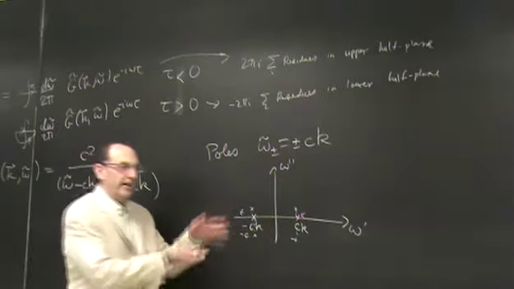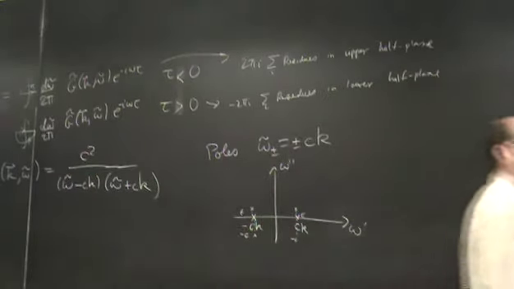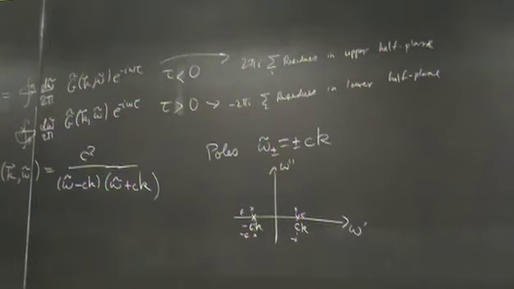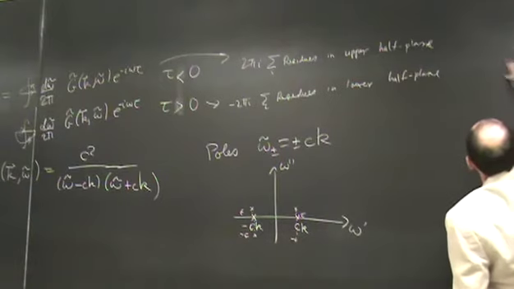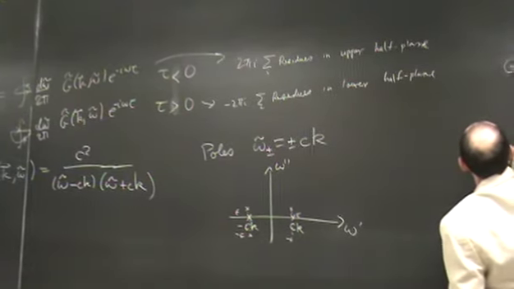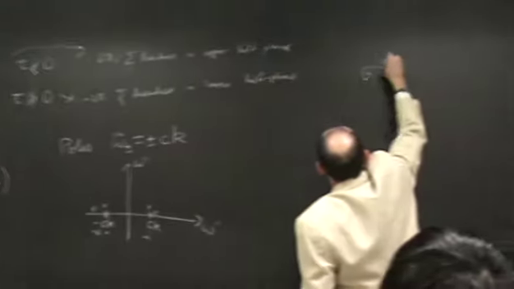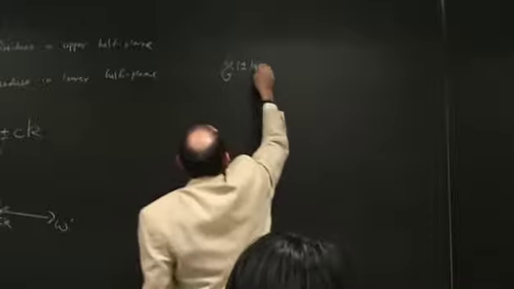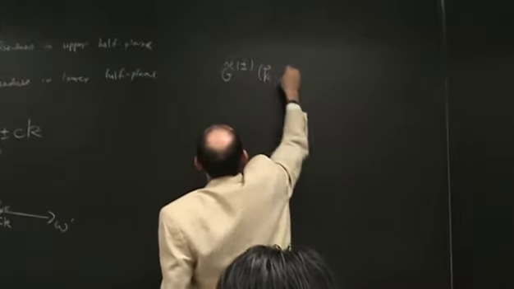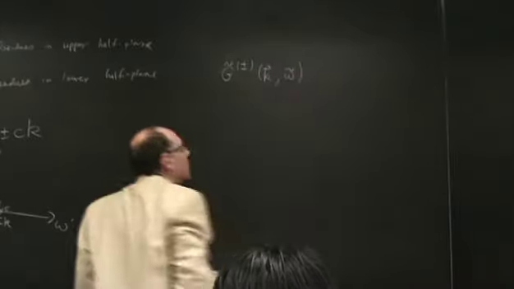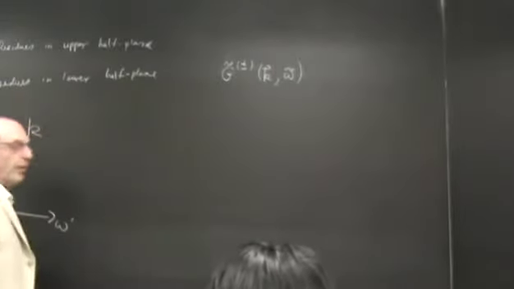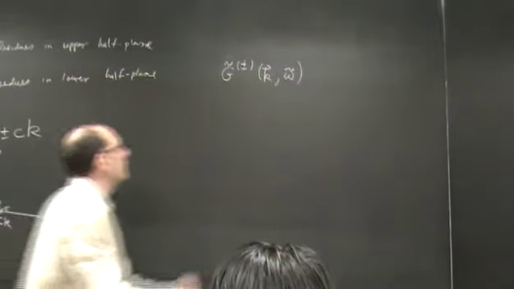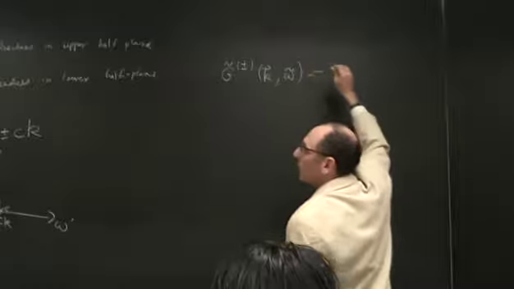But these two different limits give us two different Green's functions. They are traditionally called G plus and G minus, which I will write in the Fourier domain.